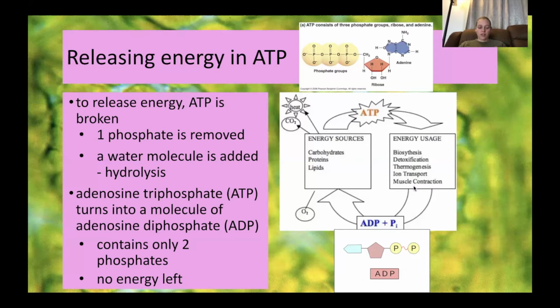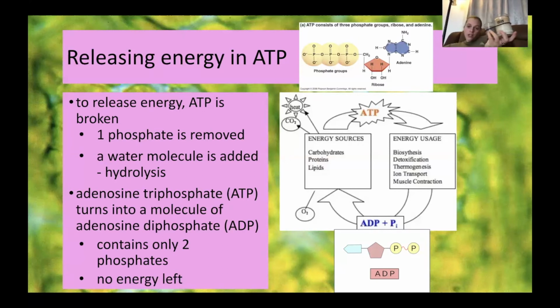So I have a little demonstration I'll do to try to help you remember this. If I've got these two molecules here, let's say this is my phosphate and this is my ADP, and I need to store energy, then I'm going to make a bond between them. So I'm going to use my rubber band here, and I'm going to make a bond so that now these two molecules are held together.